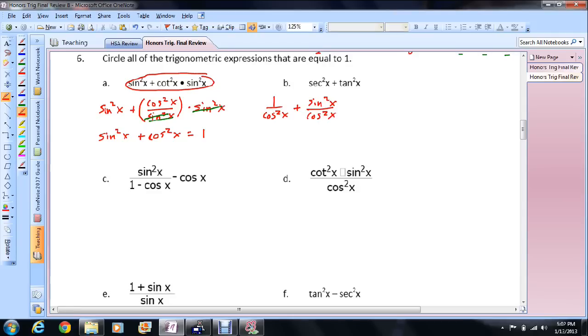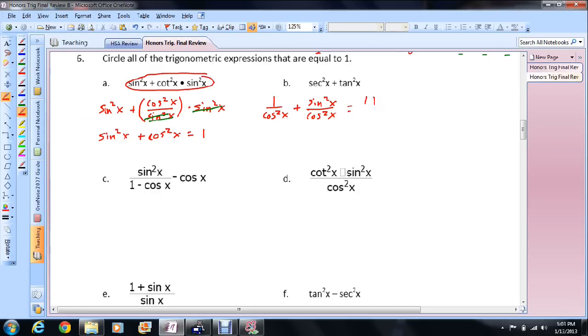And if I do a little trick here, get a common denominator, I know it looks a little complicated with cosine and sine, but it's still the same concept as what you learned in middle school with adding and subtracting fractions. I'm thinking ahead. I'm sorry, we already have a common denominator. Okay, moving on.